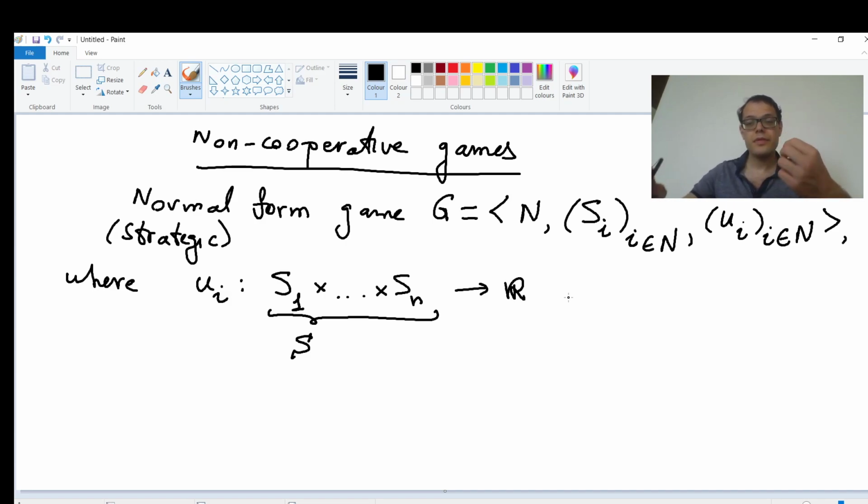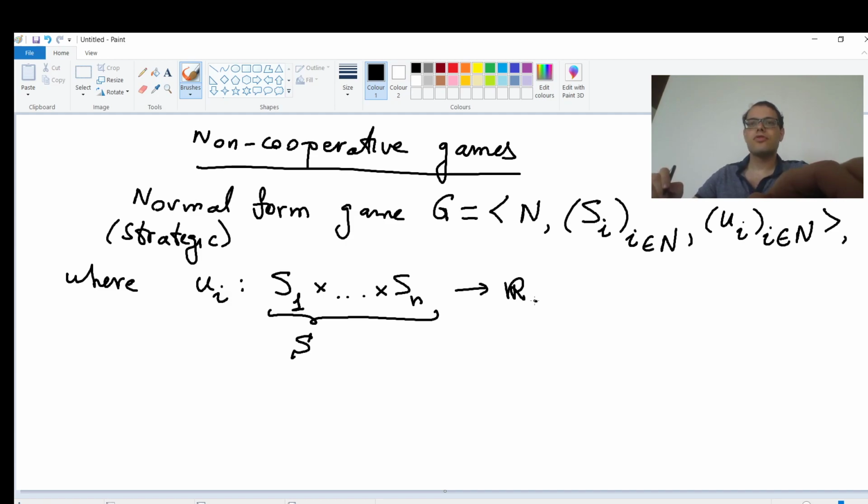By that it gives the real utility of that player. Remember, von Neumann and Morgenstern have proven that it's possible to use such a utility function, and then if you have some probabilistic outcome, we can just look at the expected value. And we always use that. So that is a normal form game.